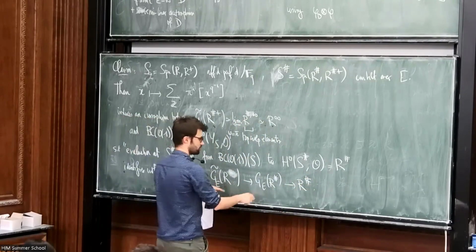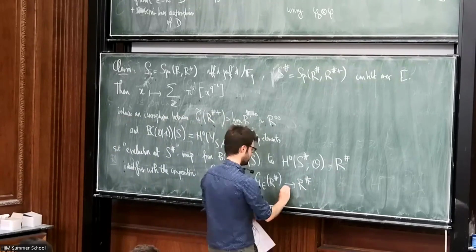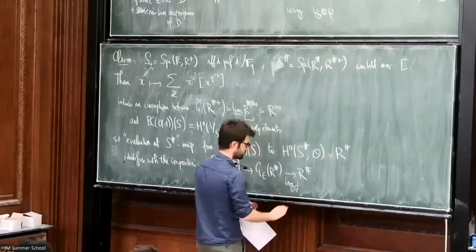And this is just the projection to the first component, and this is this logarithm map.